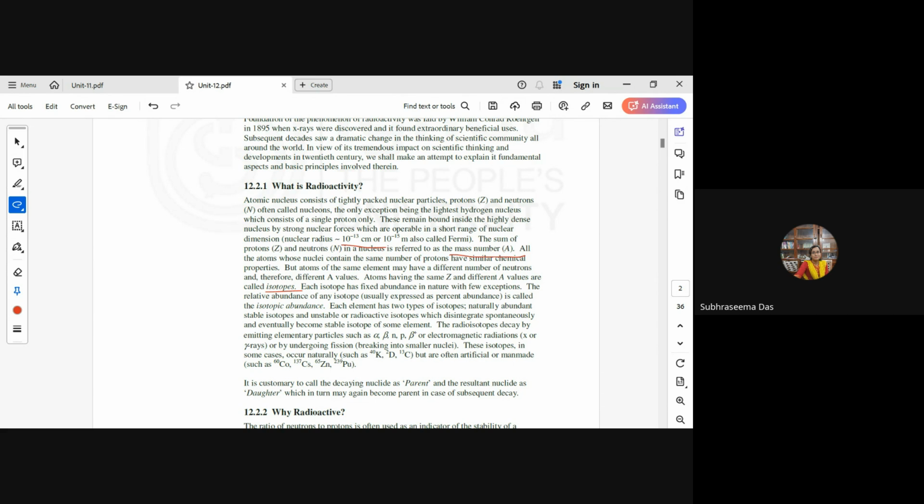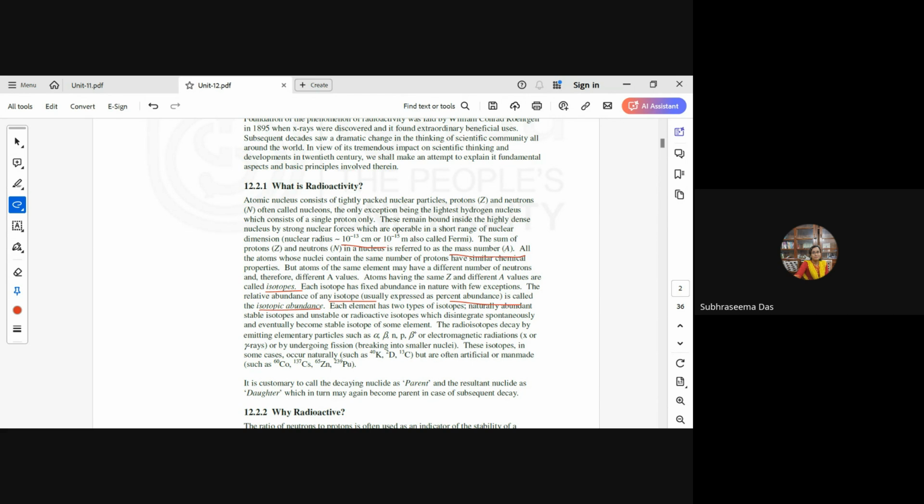Each isotope has a fixed abundance in nature. However, we do encounter a few exceptions. The relative abundance of any isotope, which is usually expressed in terms of percentage abundance, is called the isotopic abundance. So it indicates the amount of the isotope that is present, the relative abundance.